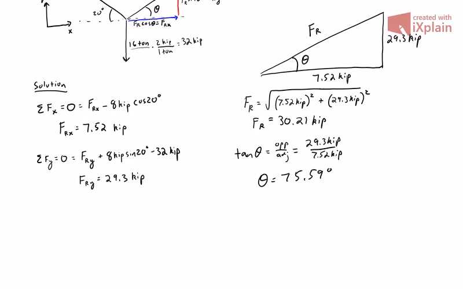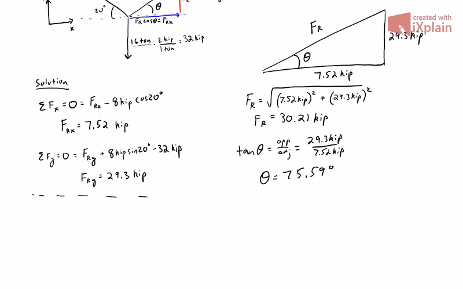Now again, I did that by going through and solving for FRy and FRx. You can also solve the problem alternatively by doing the sum of the forces in the x direction equal to 0, and breaking it up the standard way. So you have FR cosine theta minus 8 kips cosine of 20. That gives you a single equation with two unknowns.